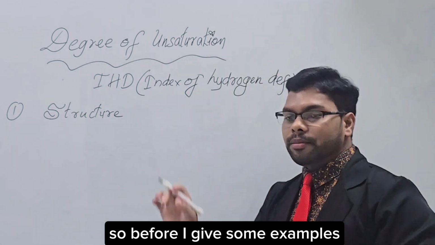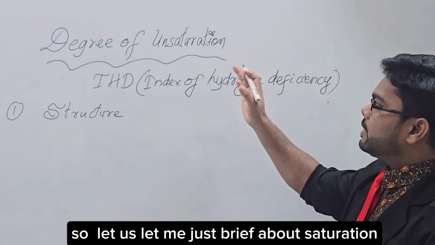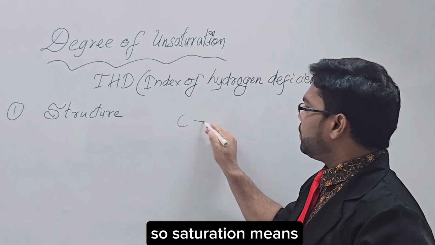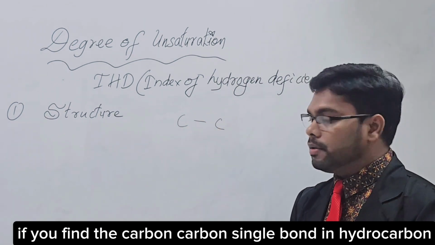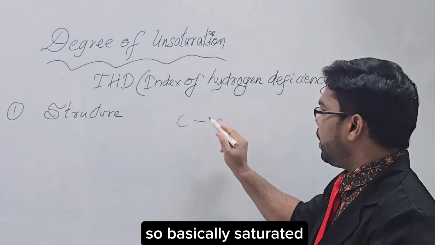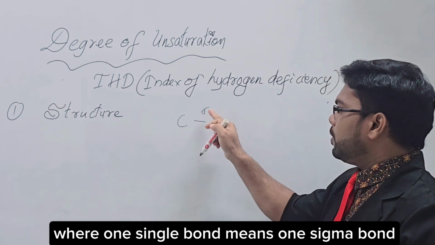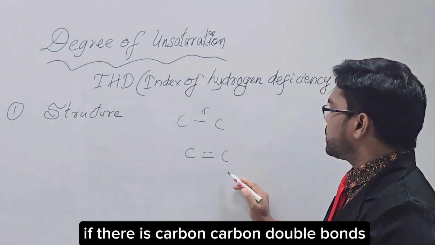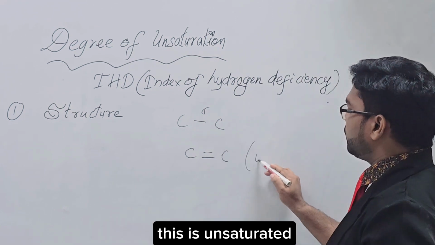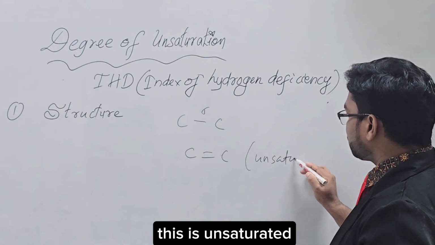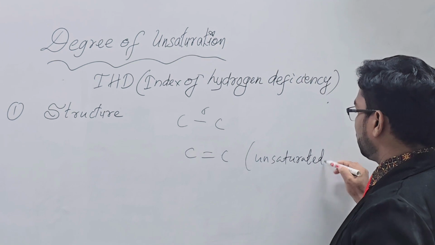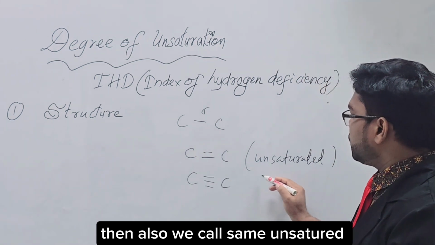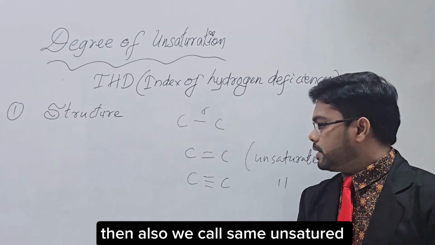Before I give some examples, let me brief you about saturated compounds. A saturated compound means you find carbon-carbon single bonds, where one single bond means one sigma bond. If there is a carbon-carbon double bond, that means it is unsaturated. If there is a carbon-carbon triple bond, then we also call it unsaturated.